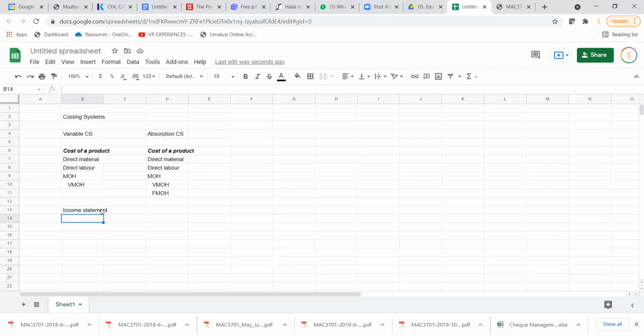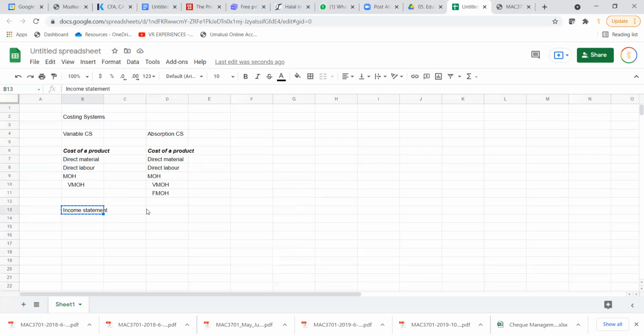Having a good understanding of this will help us when we work through the various topics, because each topic will have its specific issues to deal with. We need a good base in the costing systems, because we're going to add on to this in each topic. We're not going to do a specific question in this lesson; it is purely understanding variable versus absorption.